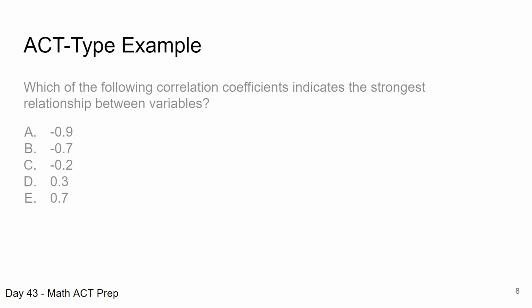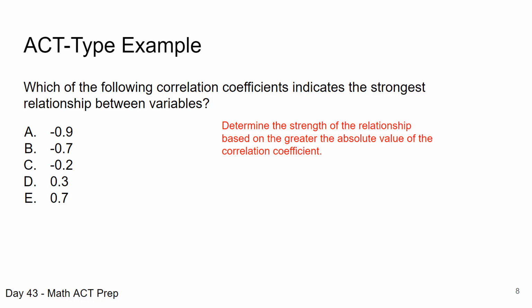Now let's take a look at an ACT type question. Pause the video here and you can try this on your own. The question says, which of the following correlation coefficients indicates the strongest relationship between variables? So we're looking at the strength of the relationship. And remember, that's based on the greater absolute value of an r value, the correlation coefficient.